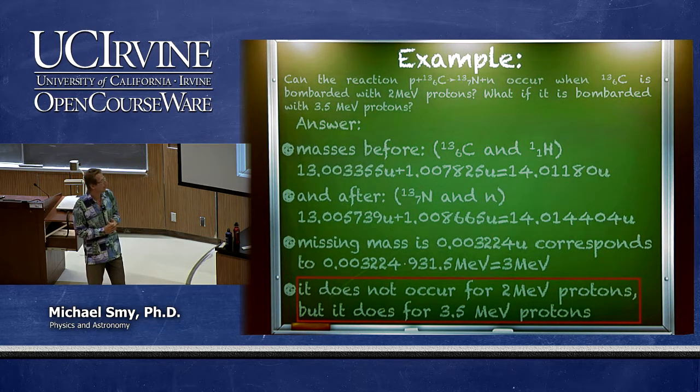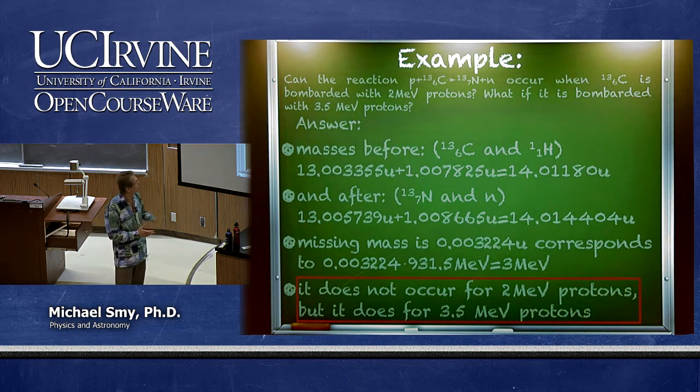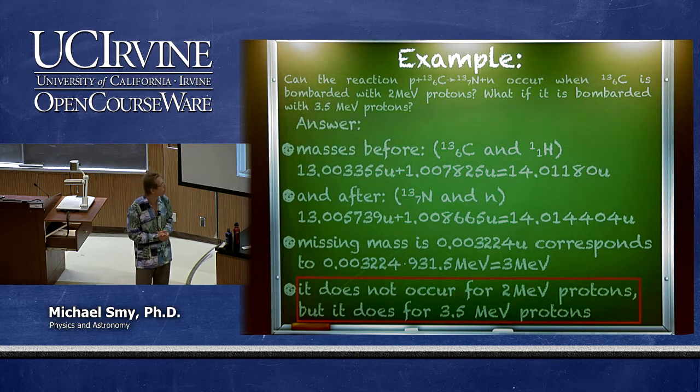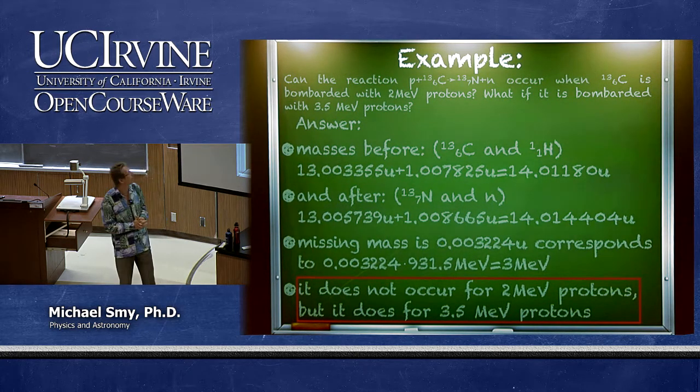So you would say, well, that means the reaction can't take place, but it's not true because we have an extra 2 MeV from the protons that we need to take into account. So if we look at the mass difference and we convert it into energy units, we find that it corresponds to 3 MeV. So since we have only 2 MeV, the reaction cannot take place.